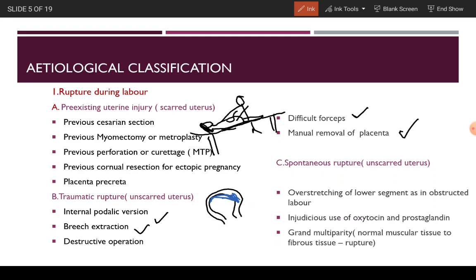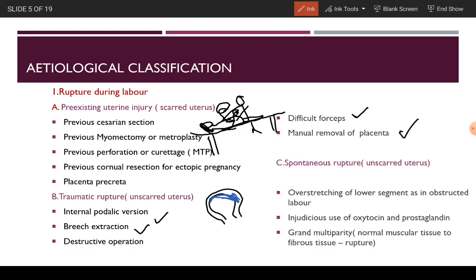So it can be either during taking the baby or taking the placenta, that is manual removal of placenta. Taking the baby means that is breech extraction or difficult forceps, like that.